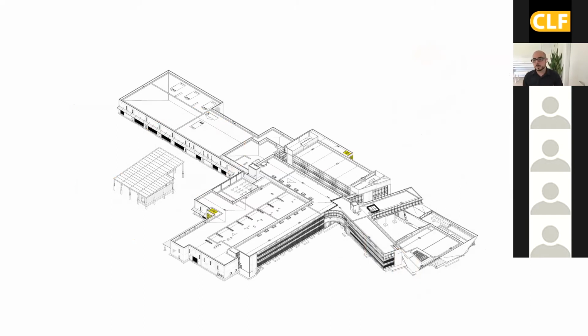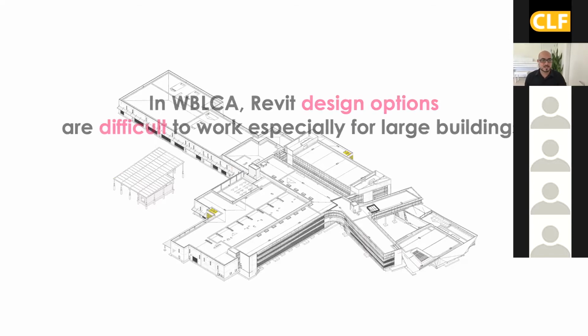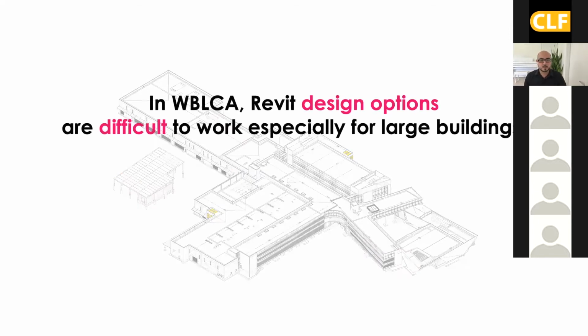When we get into a whole building LCA, and this is an animation, we could just go through it as I speak. In whole building LCA, Revit design options are a little difficult to work with now. So when you do bay model studies or assembly models, design options are easy to work with. For instance, Tally has a design option comparison workflow that you could just run 4 different assemblies and see the impacts.